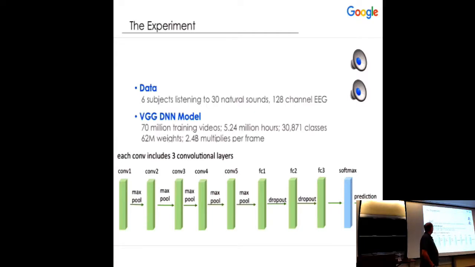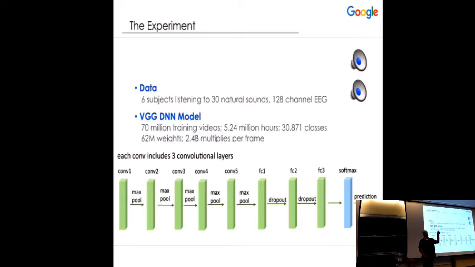So fortunately, Ed had a student who had collected EEG signals from 6 subjects listening to these sounds in a quiet environment. So we didn't have to do that part in Telluride, which is good. And then we had a DNN model that was released over the summer from Google, where we had trained a very large deep neural network with 70 million videos, 5 million hours of audio, 30,000 classes.